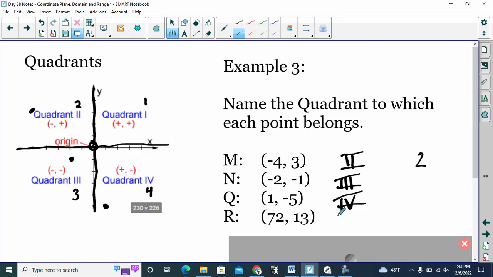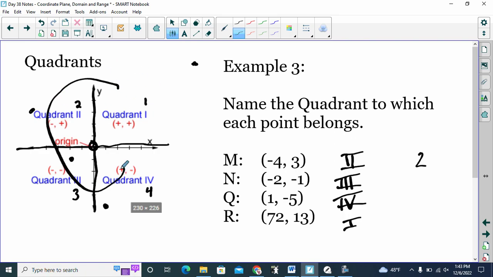And point R is at 72, 13. We're probably not going to plot 72, 13 exactly, but 72 means I go this way, and 13 means I go up. It's over here somewhere, so it's in quadrant 1. Biggest thing on this is remembering that quadrant 1 is the one in the top right, and then it goes counterclockwise from there. 1, 2, 3, 4.